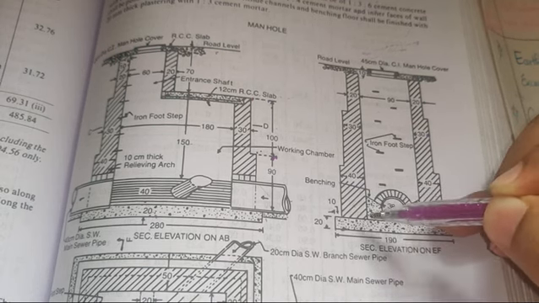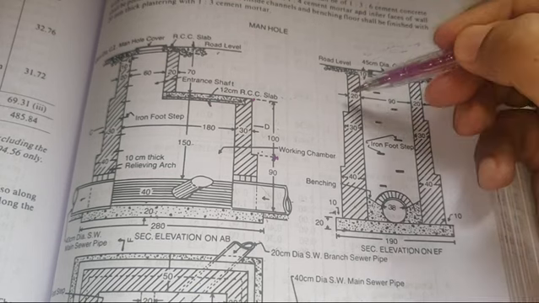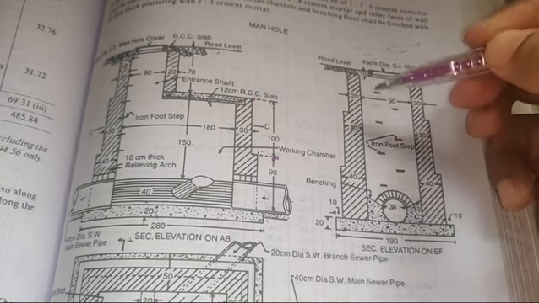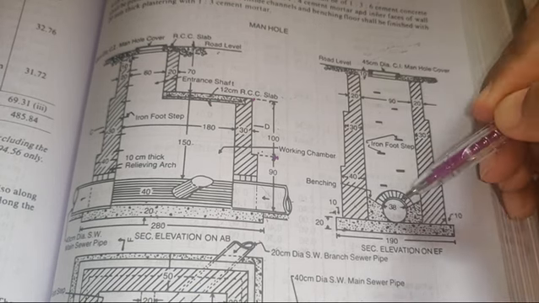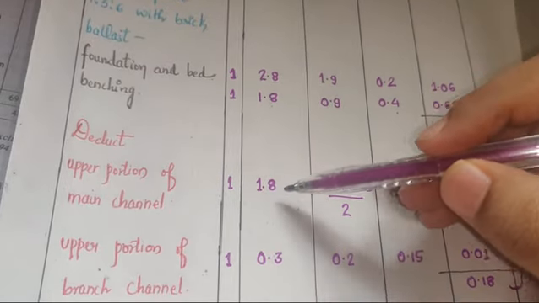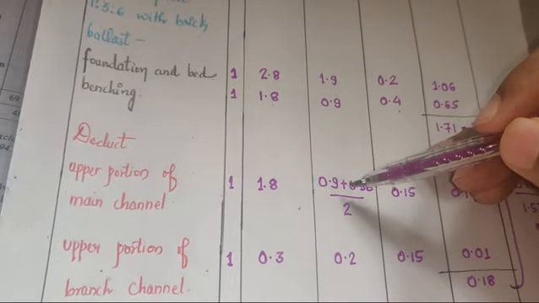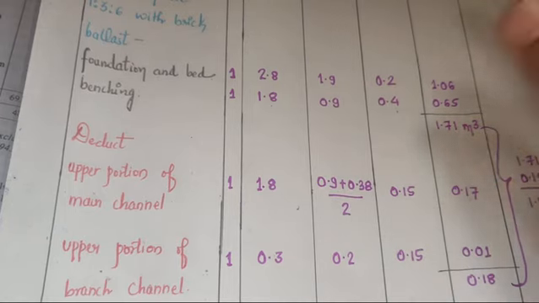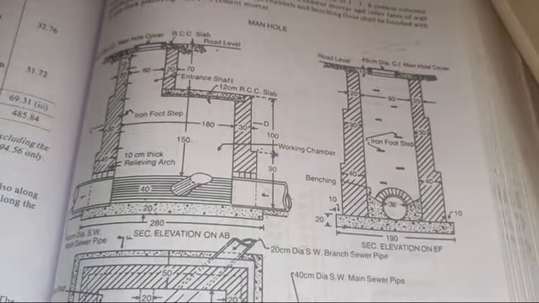To avoid all those calculations, we have taken the average of the inner width and the inner diameter of the pipe, 0.9 plus 0.38 divided by 2, which is the width of deduction, the net deduction. So 1.8 length, hope you are clear with this, 0.9 plus 0.38 divided by 2 will be the width, and this depth is this depth.